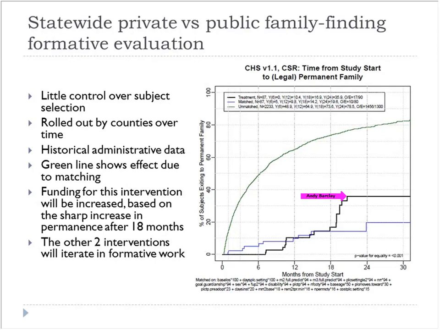Now I'm going to go back and explain this survival chart one more time. The green line here is the outcome for the pool of children who were not matched into the study.